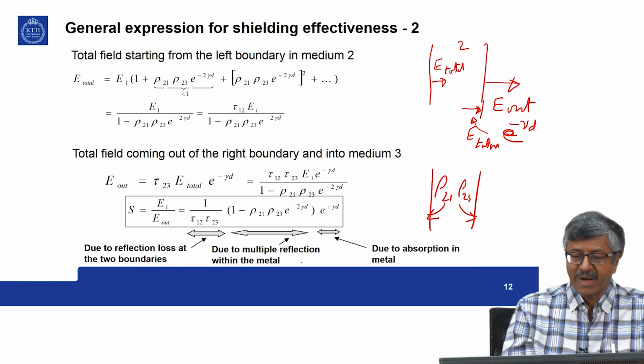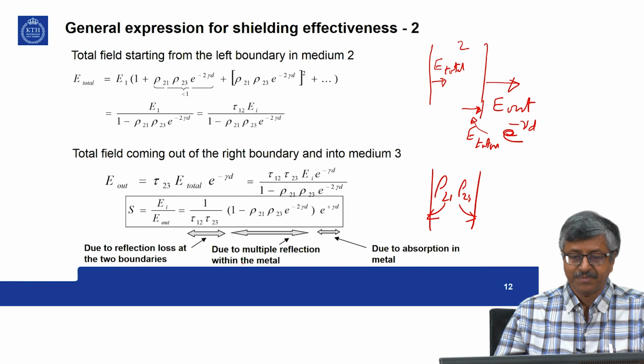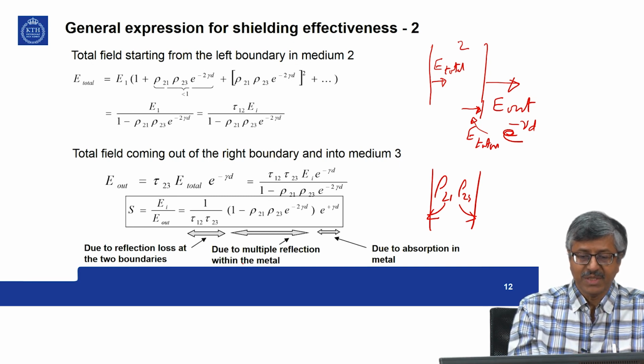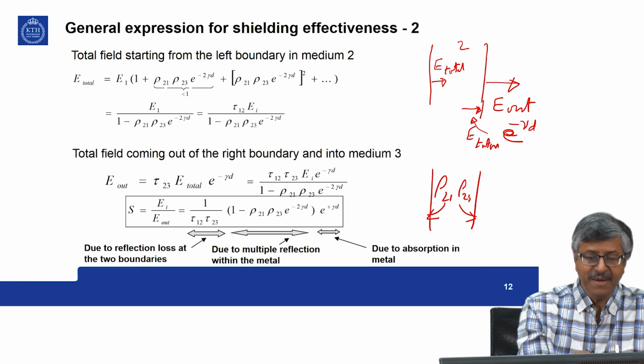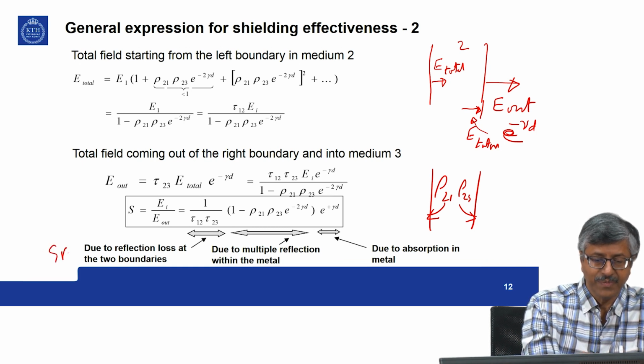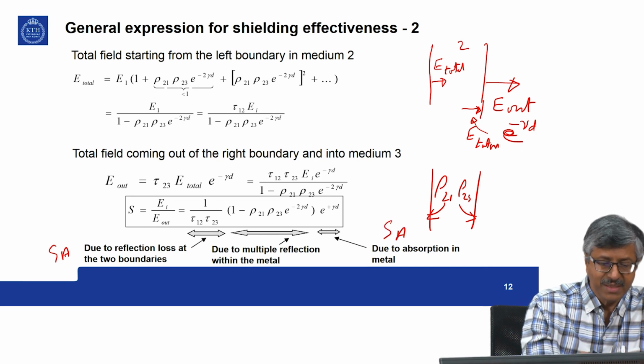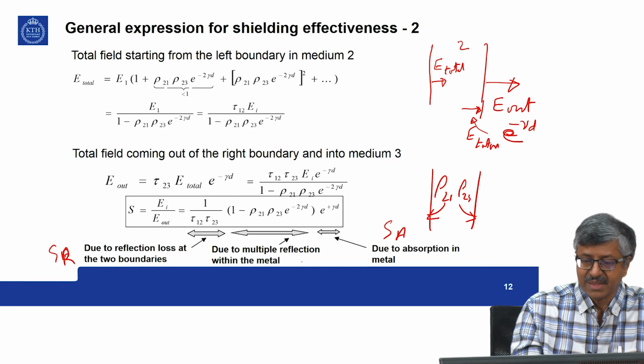This is due to the multiple reflections within the metal. So, this is S_A that you have seen before. Sorry, this is S_A, this is S_R and this is S_MR.